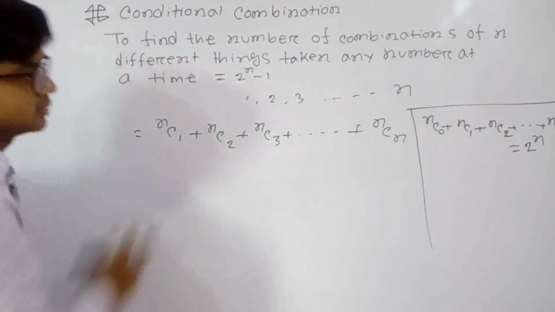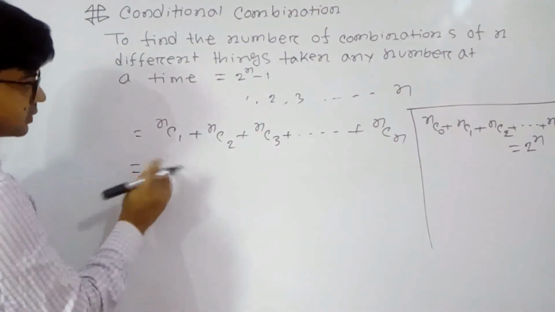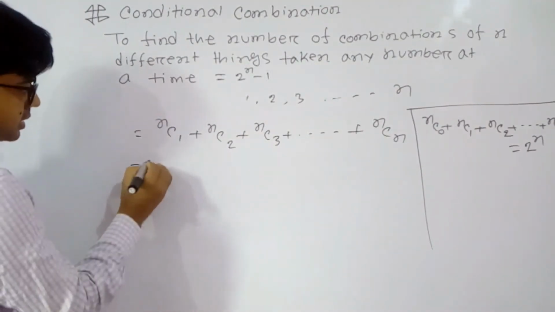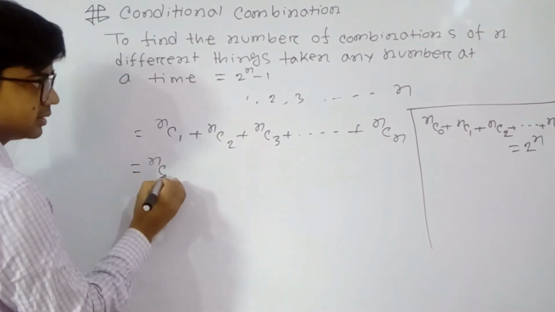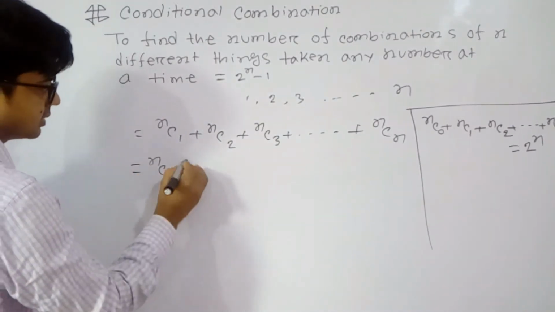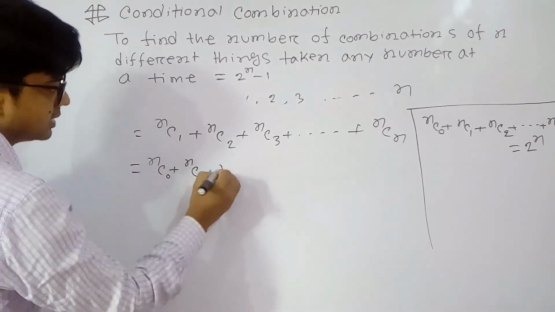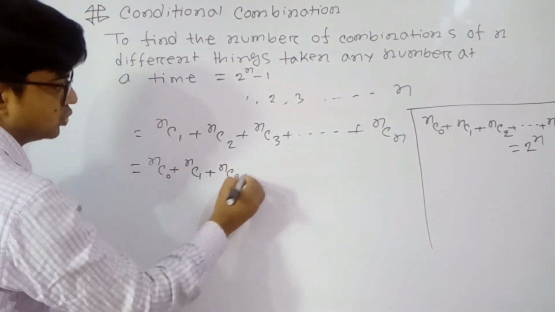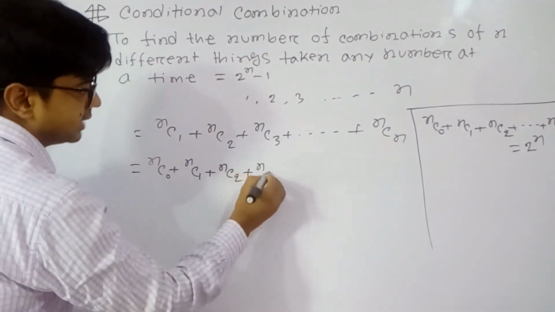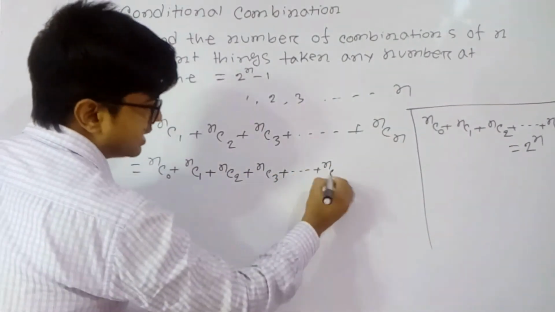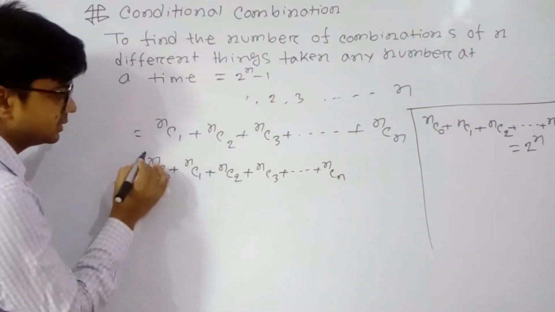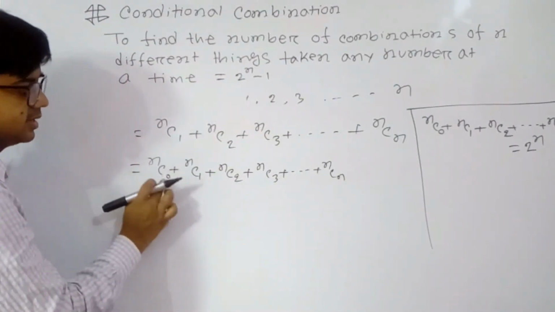Now here we can add nC0 plus nC1 plus nC2 plus nC3 plus and so on nCn, but here the extra part is nC0.